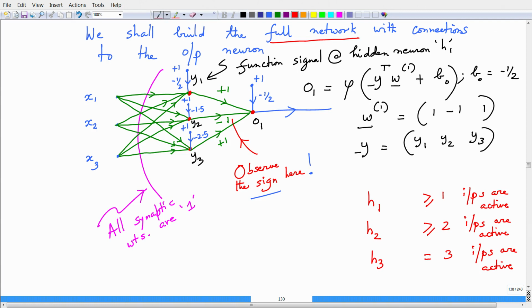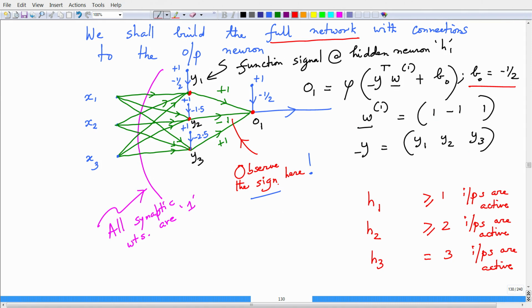Now, writing down the equations, the signal at the output neuron is basically phi of y transpose W plus bias, and I choose the bias to be -1/2, and my functional signal is y1, y2 and y3, which correspond to the outputs of the hidden neurons, and my weights are cleverly initialized to +1, -1 and +1.